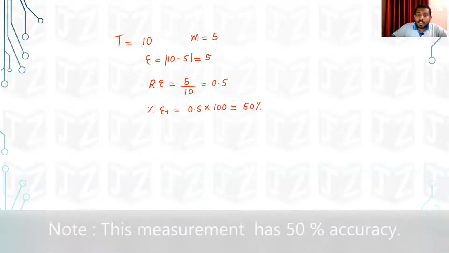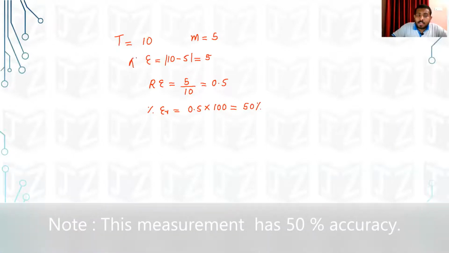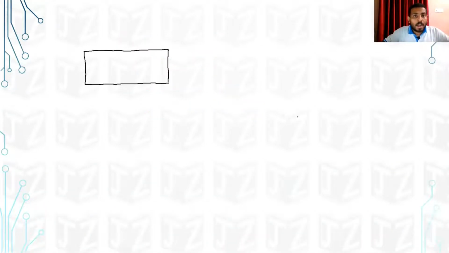So the absolute error tells how much is the magnitude of error, and the relative error and the percentage error tell how accurate our measurement is. So I hope you have understood how to calculate error in a measurement and to find out how accurate the measurement is.